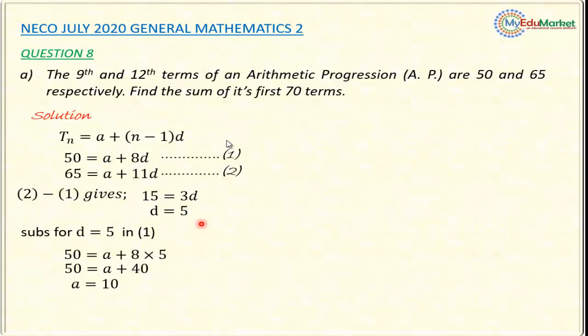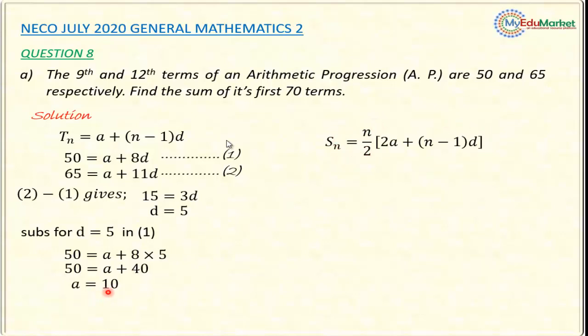So I now have enough information to answer the question that requires us to find the sum of its first 70 terms. The formula for the sum of an AP is Sn equals n over 2 into (2a plus (n minus 1)d). This is the formula we use to find the sum of the first n terms of an AP.